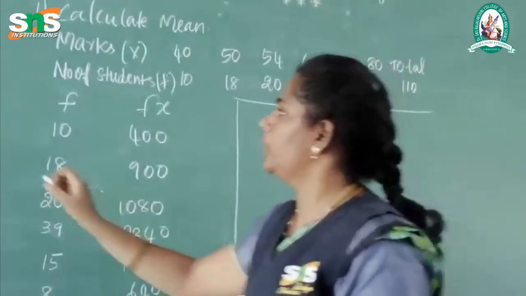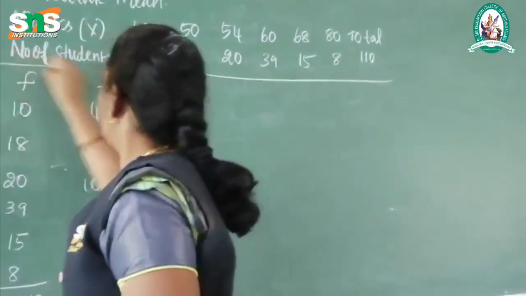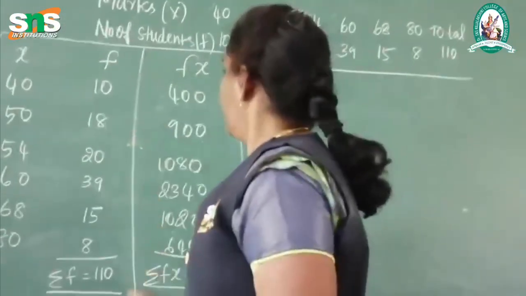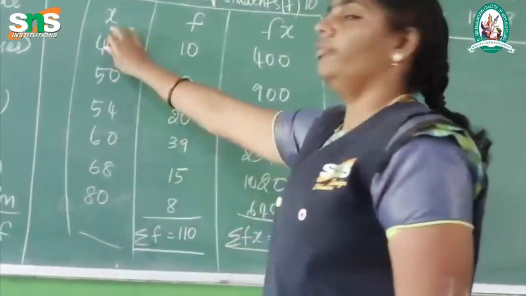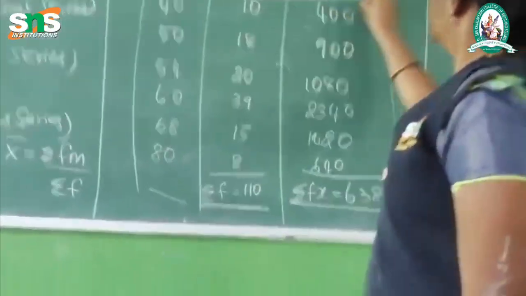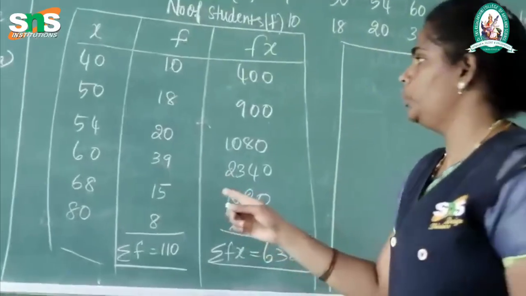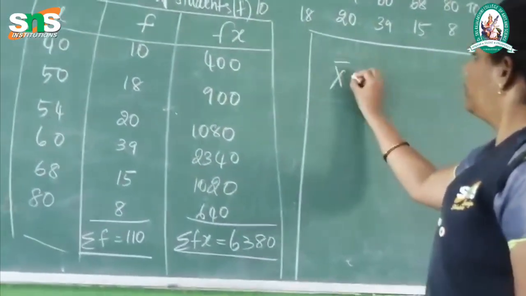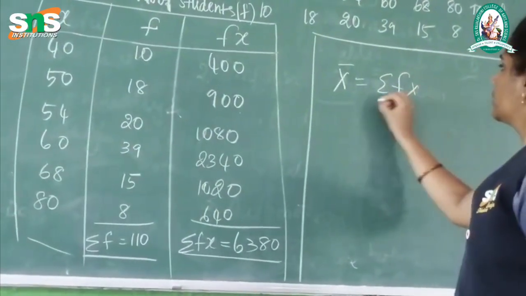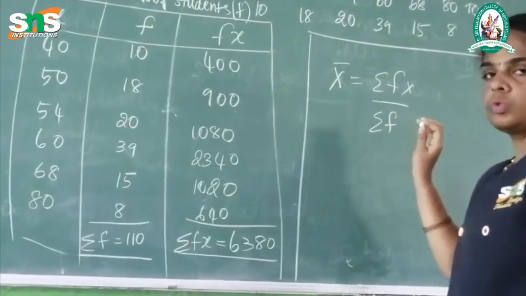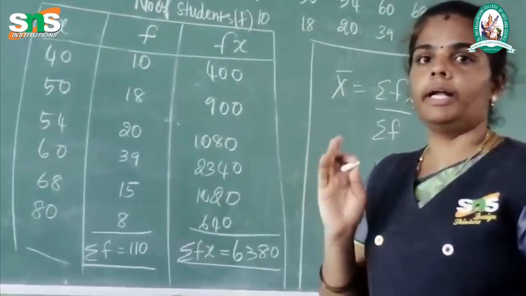So I am going to put it in a table form. In my table, they have given x and f values. It is two-type data, so it is type 2 data. My formula is x bar is equal to summation fx by summation f. To solve this problem, I have to calculate the value of fx.